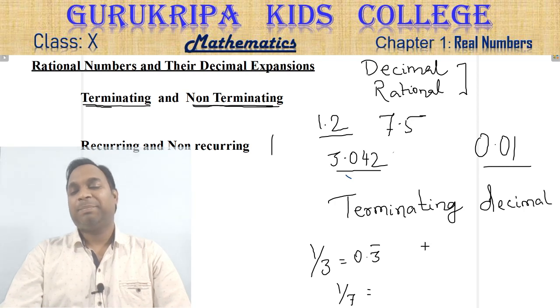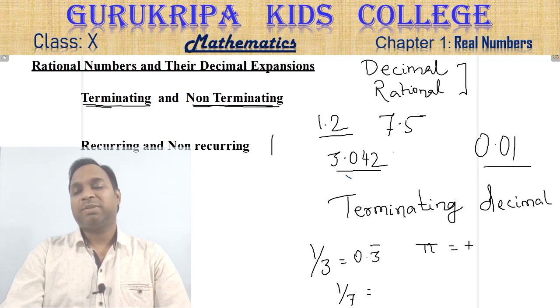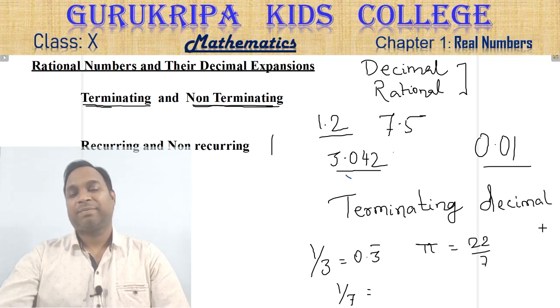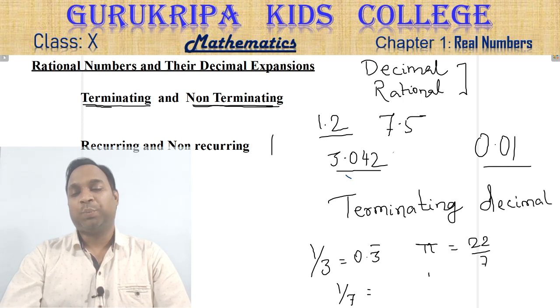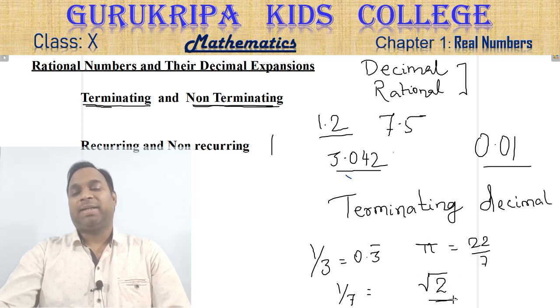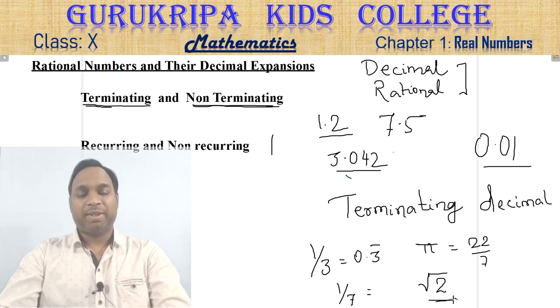Any other number? Pi. What is pi? 22 by 7 is not exactly equal to pi. The exact number pi is non-terminating. It keeps on going forward forever. Square root 2. If you find this in the calculator, should I show it in the calculator?